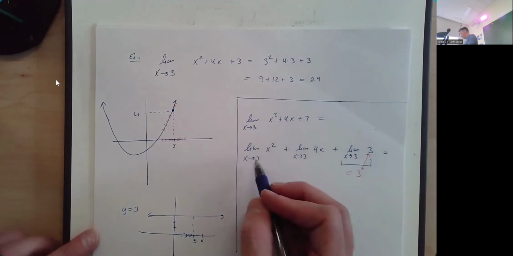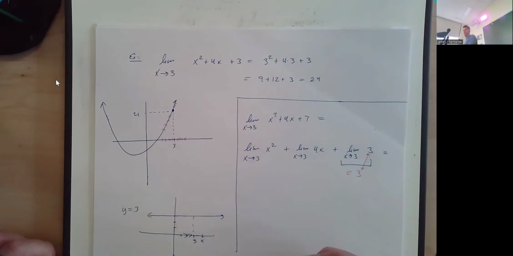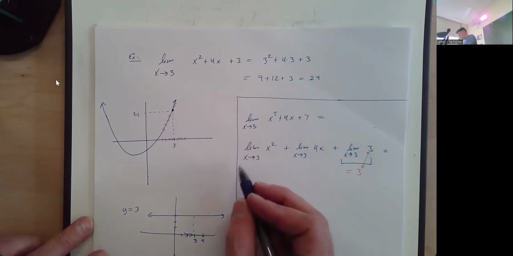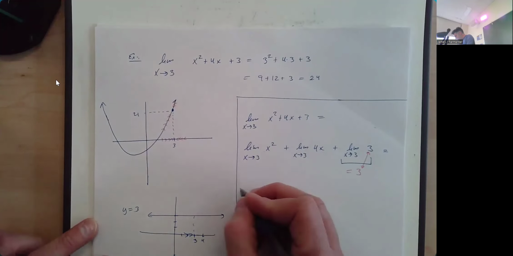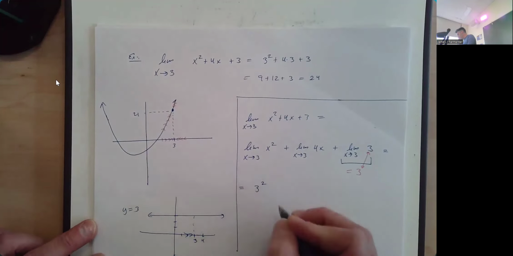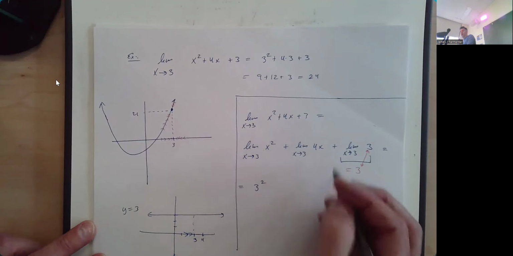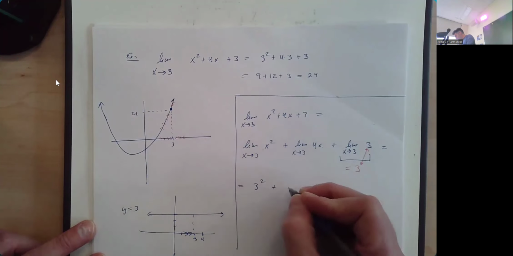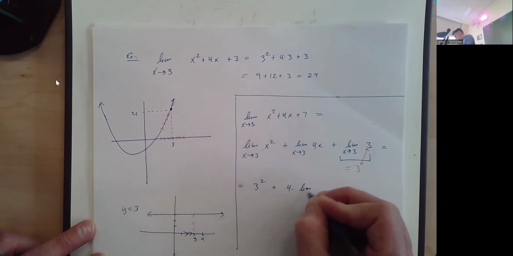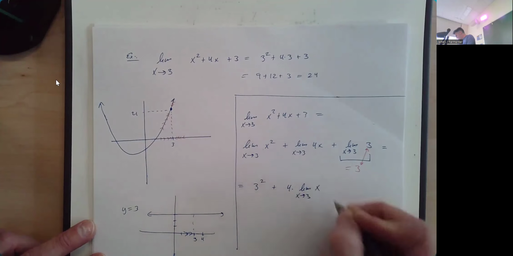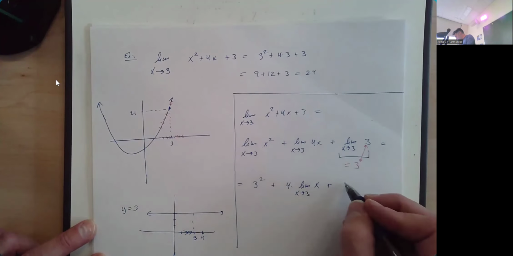Okay, and then the limit of x to a power is just the number to that power. That's going to equal 3 squared. There still is a limit law I have to apply here, which is pulling the constant multiple out in front. It's going to be plus 4 times the limit as x approaches 3 of x, plus this part we said was 3.